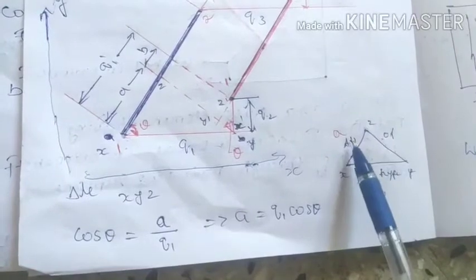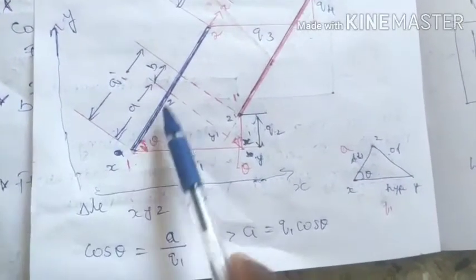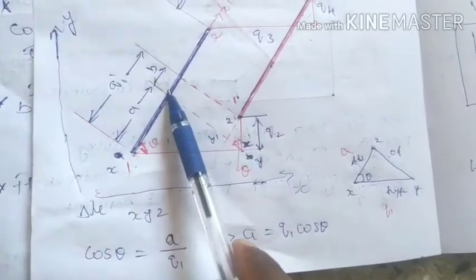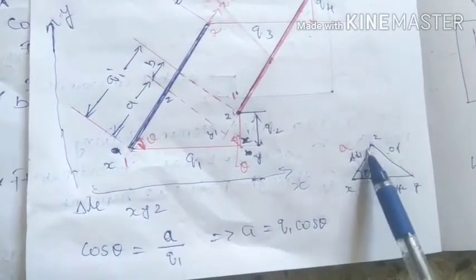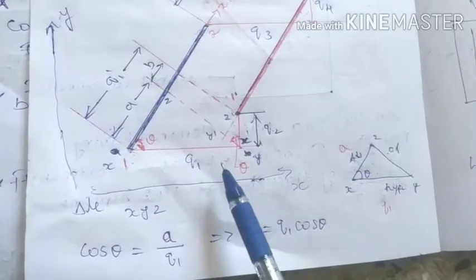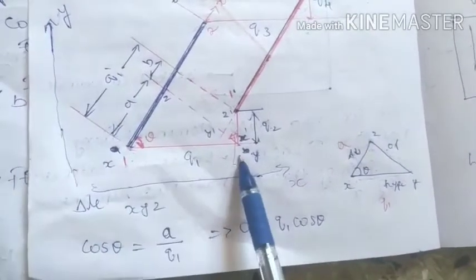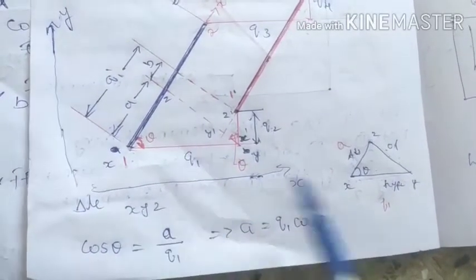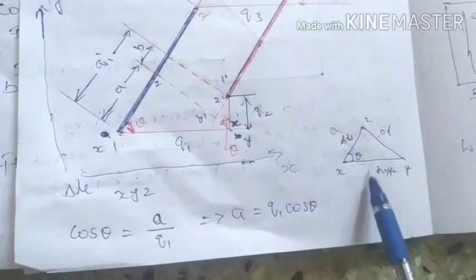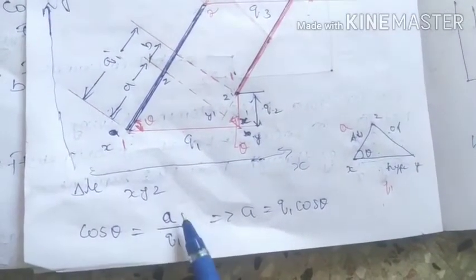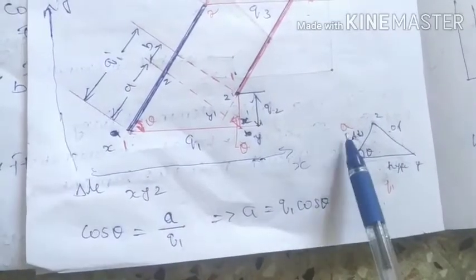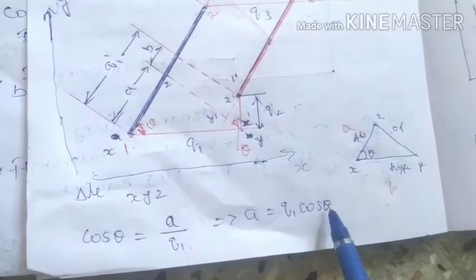This length I call a, and this distance up to here is b. The distance up to here is q1. I know the adjacent a and the hypotenuse q1, so I apply cos theta, which is adjacent by hypotenuse. Adjacent is a, hypotenuse is q1. Therefore a becomes q1 cos theta.